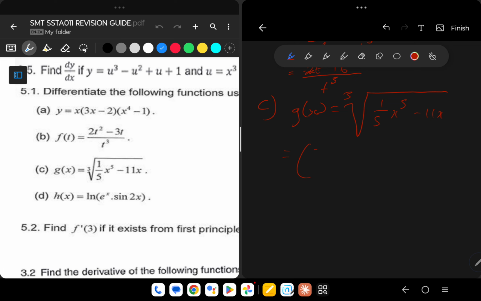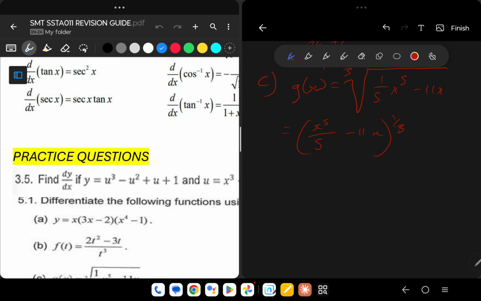So you can just say x to the 5 over 5 minus 11x. So we eliminate the root there so that we'll be able to work with the function. So what we have here, let's go to our rules.